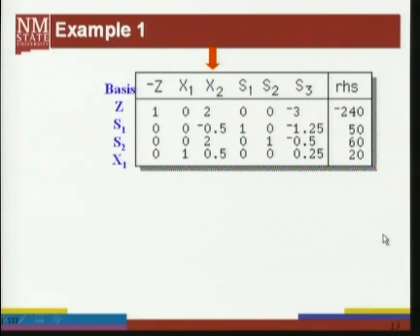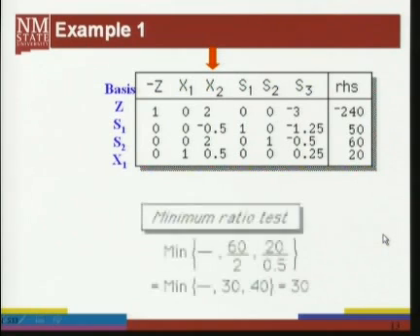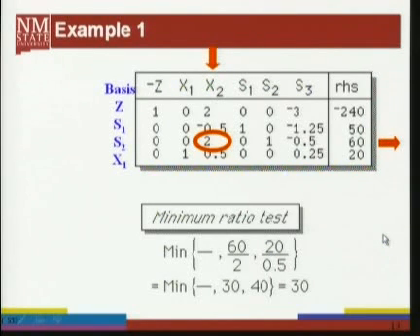And just to let you know, only the ratios of right-hand sides to positive substitution rates are used in the minimum ratio test. And this minimum ratio test tells us that as we increase x2 from 0, the first block occurs at 30, right? Where the S2 variable becomes 0, which means S2 leaves the basis, okay?